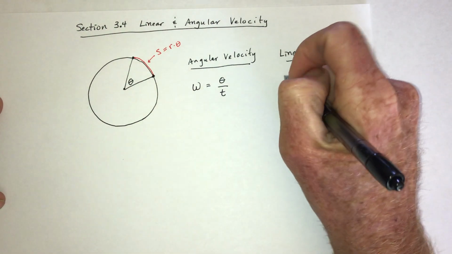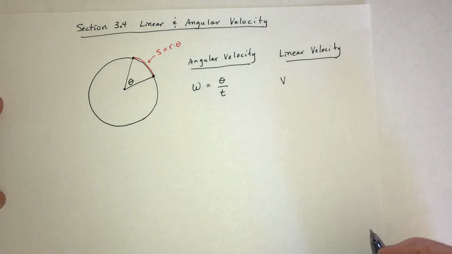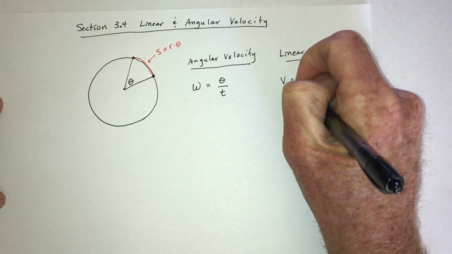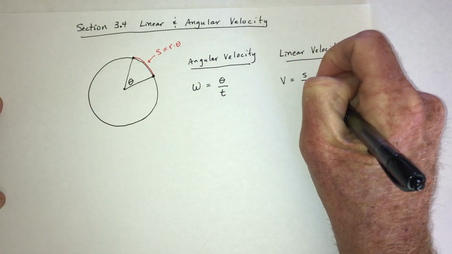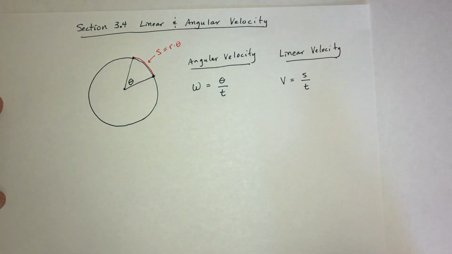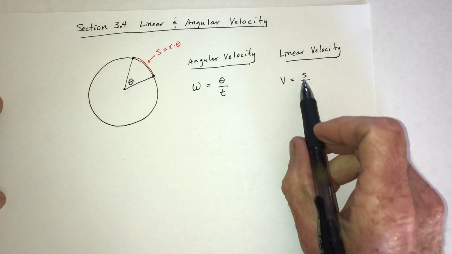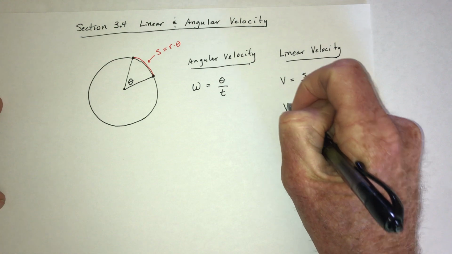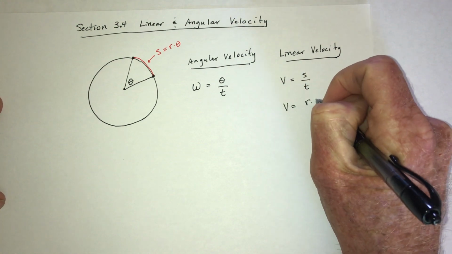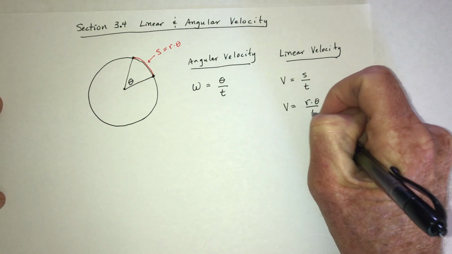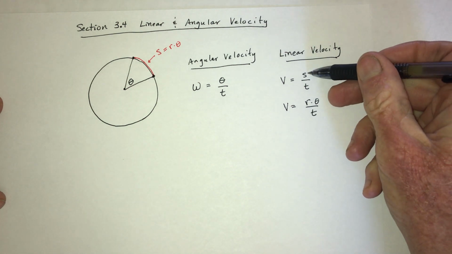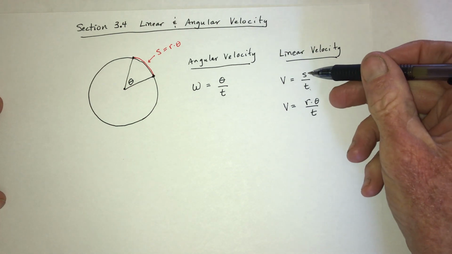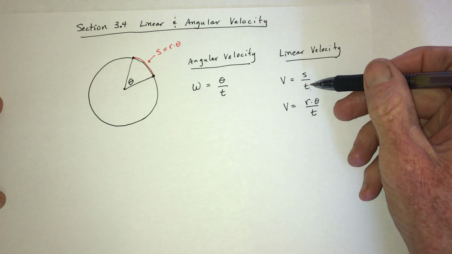So for linear velocity, which we use a V for velocity, you could say it's the distance over the time, or you could replace the S with the r and the theta divided by time. So this could be in feet per second, or perhaps miles per hour.